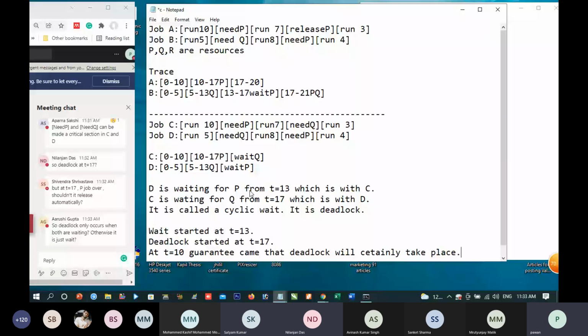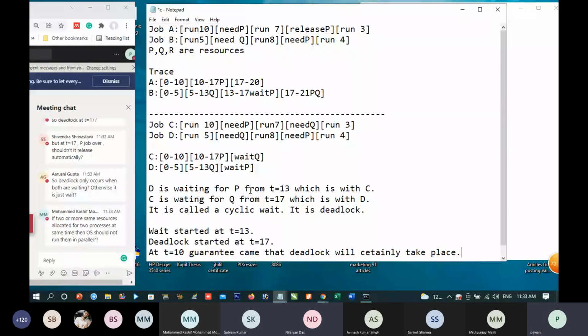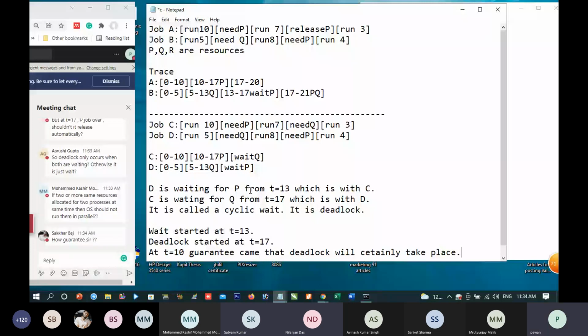No. Even if both are waiting, deadlock may not take place. If 2 jobs are waiting together, it is not necessary that the deadlock will take place. Is it correct? Wrong. Deadlock takes place in case of cyclic wait.